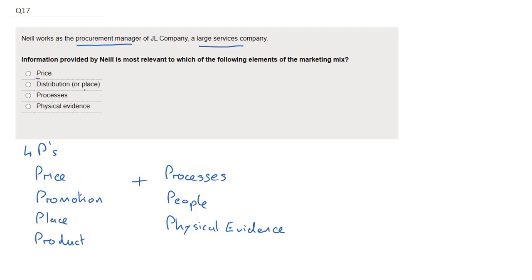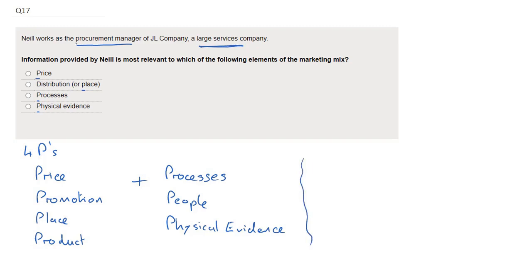Now, these are all elements of the marketing mix: price, place, processes, and physical evidence. So we can't rule anything out straight away. It does mention it's a services company, so maybe that leads us down to the additional 3.